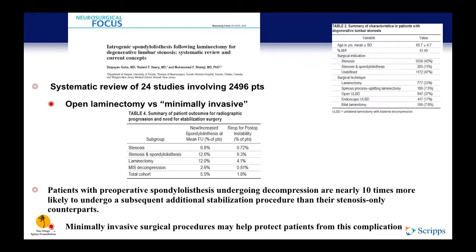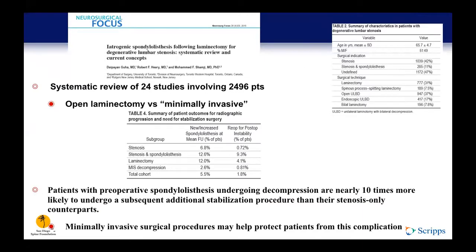Here is another study, a systematic review, looking at 2,400 patients, and they looked at open laminectomy procedures, comparing them to minimally invasive. And it's kind of a broad category. If you look at the top right, you can see the surgical techniques that they used to describe whatever fell into the category of minimally invasive.